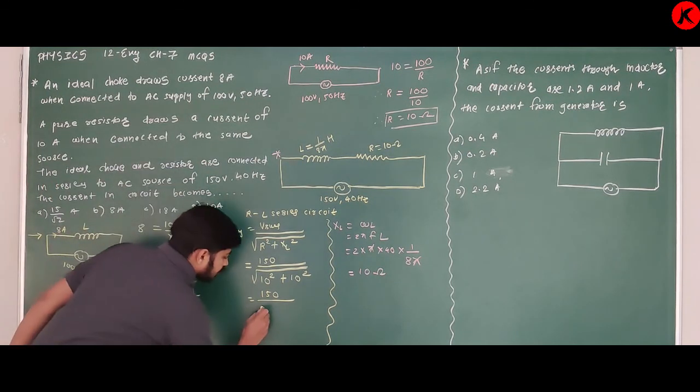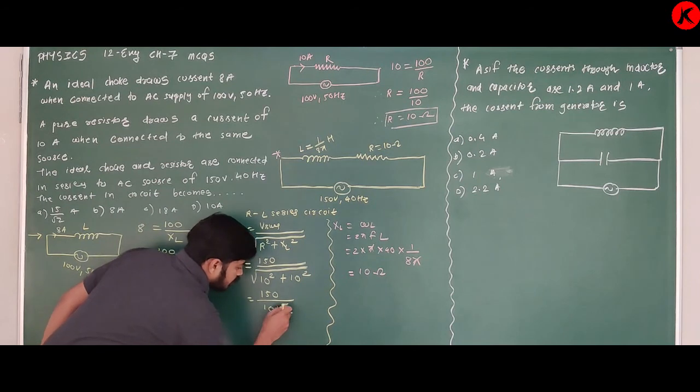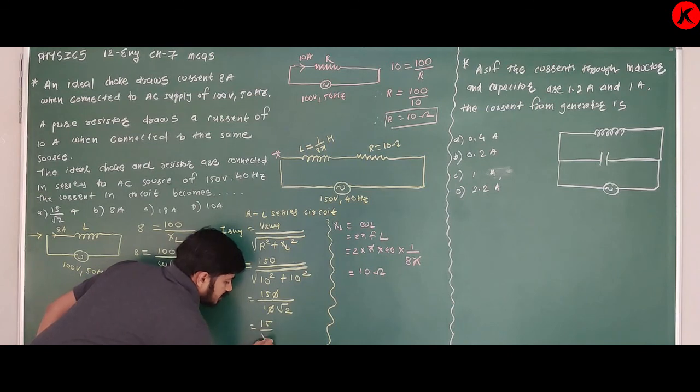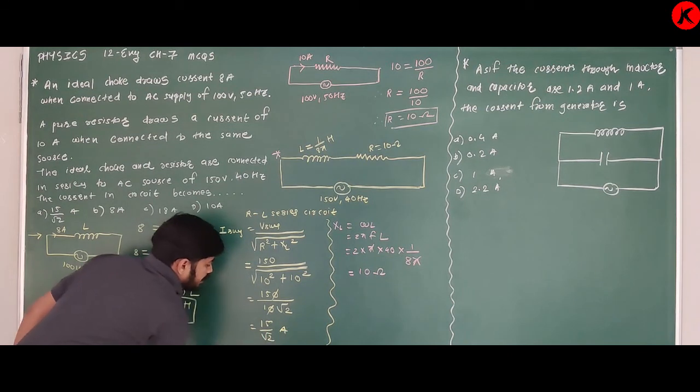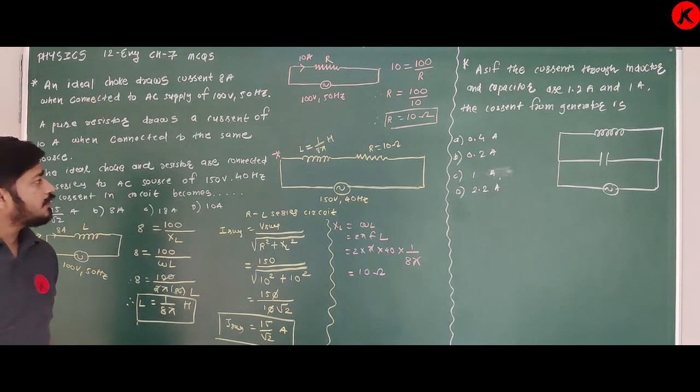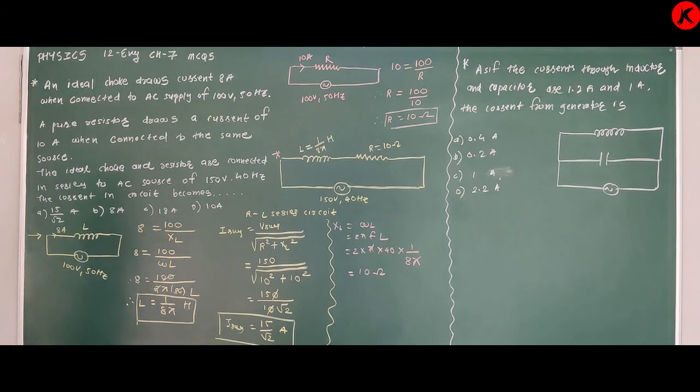Its square root is 10 root 2. So your answer is 15 upon root 2 ampere. It is the value of current passing through the series combination of L and R.